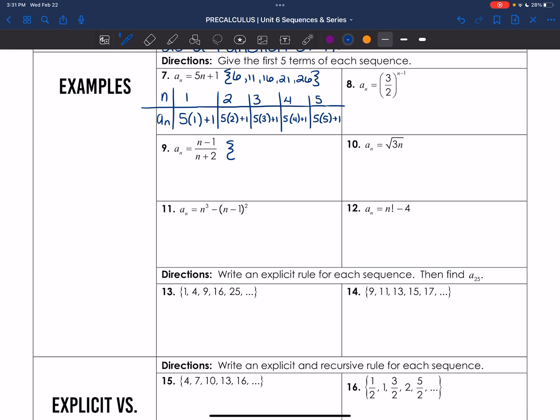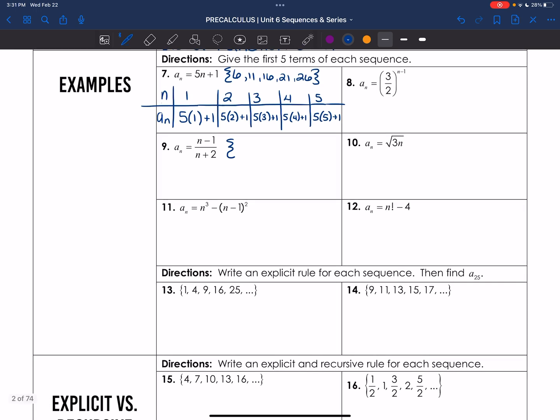So we would begin with a 1 minus 1, that's going to be 0. 0 divided by any number is 0. Then what we're going to have on top, when we plug in a 2, it would be a 2 minus 1 over 2 plus 2. That's going to be a 1/4.